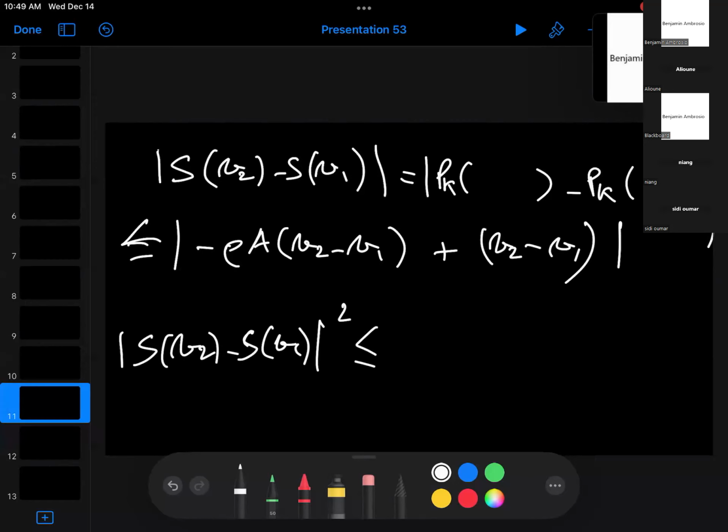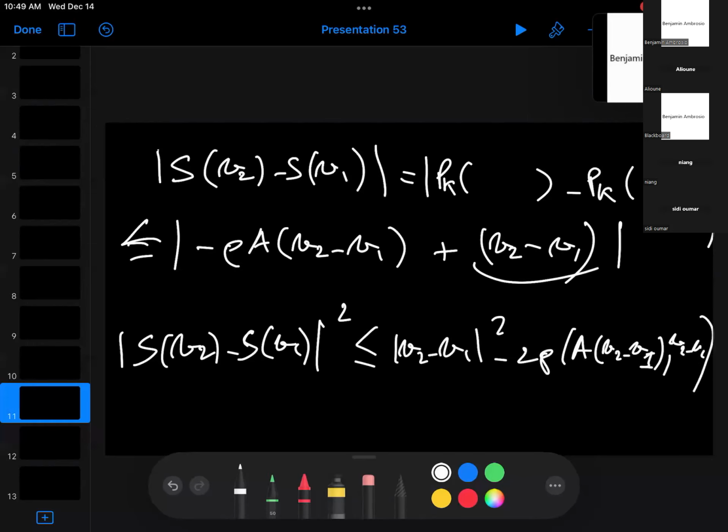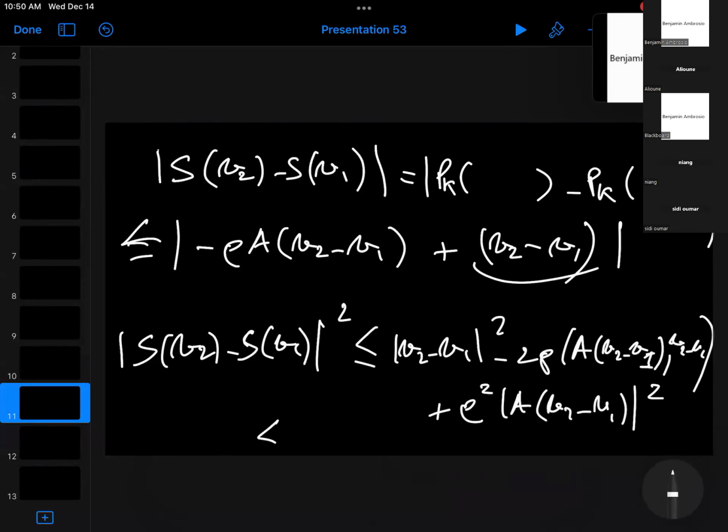So I will get the norm of v2 minus v1 squared from here, plus, so minus 2 rho the scalar product of A(v2 minus v1) with v2 minus v1, and plus rho squared the norm of A(v2 minus v1) squared. All right, and I can put the norm of v2 minus v1 squared in front.